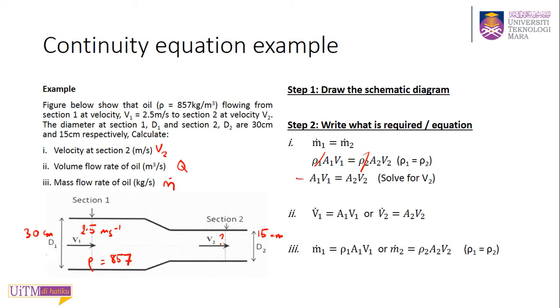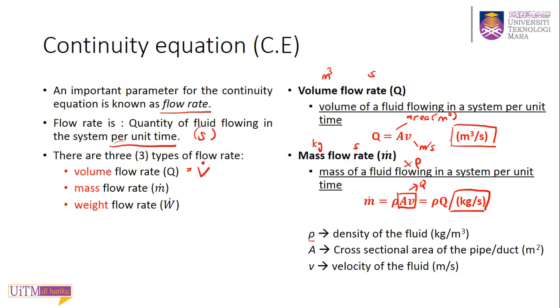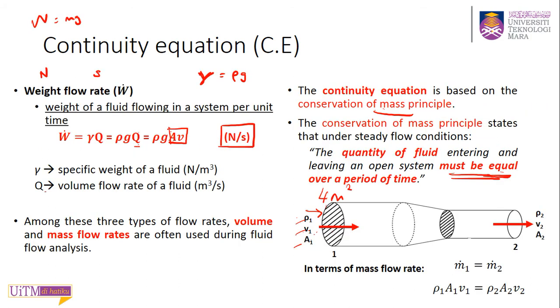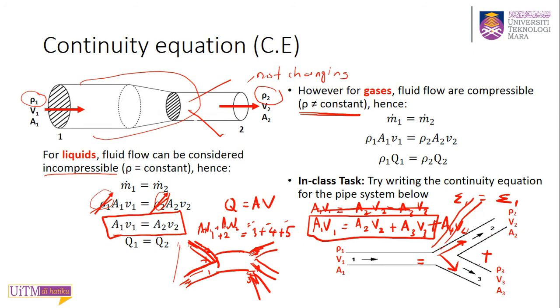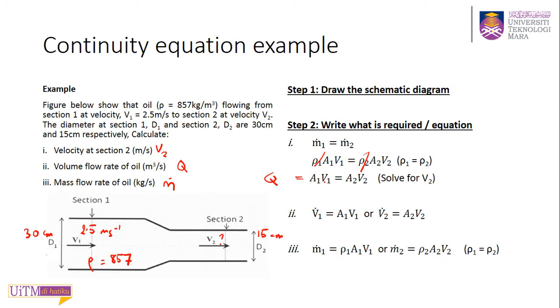If you remember, this is a Q. You know Q is equal to area times V. We have learned that before. The volume flow rate has a term of velocity, and they ask you to find your velocity, so find V2.